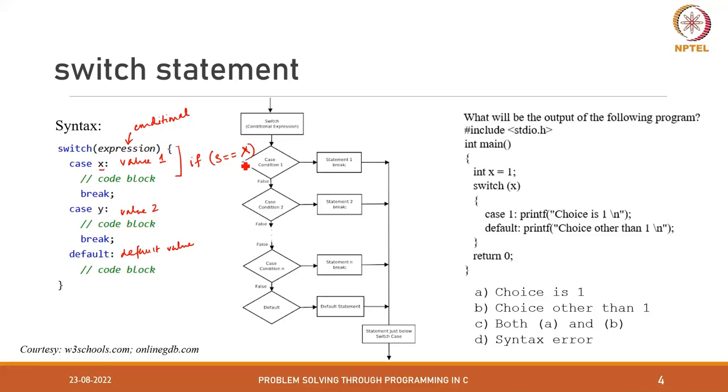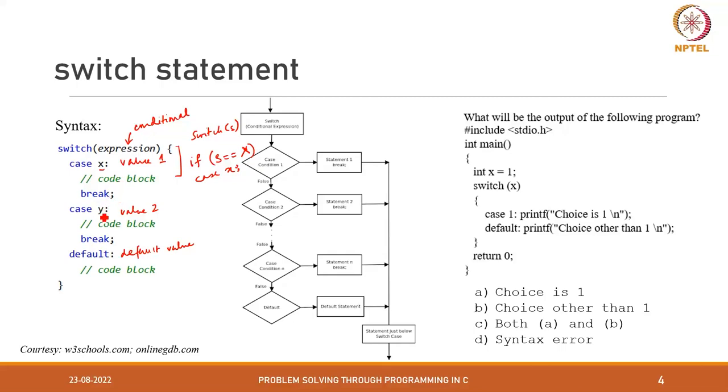So you will put switch of s, and your case 1 will be x. Then if this is true, the first block will execute, and then it will break before going to the next block.